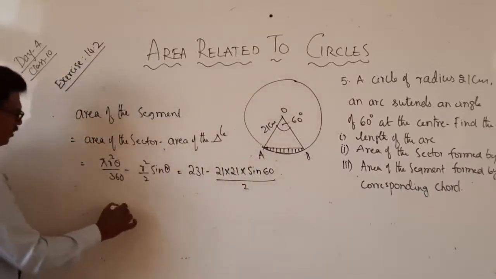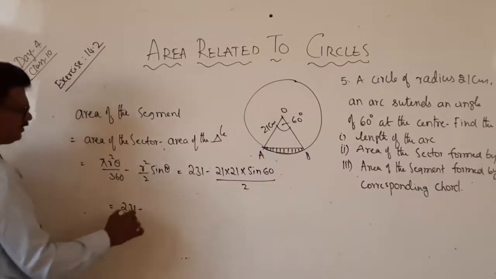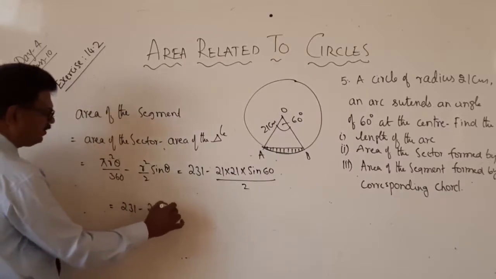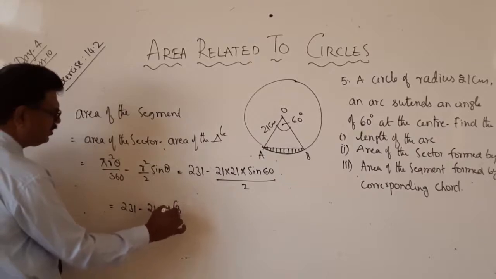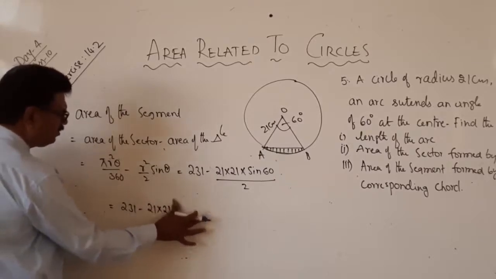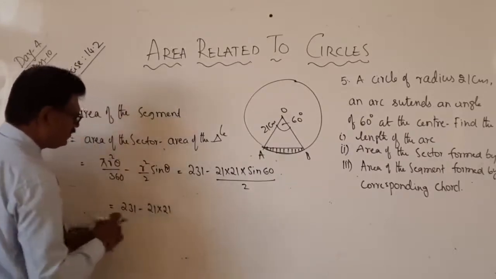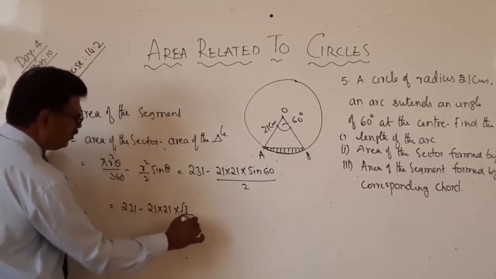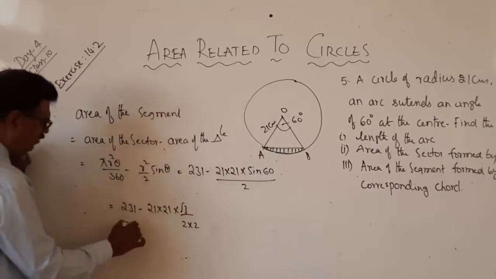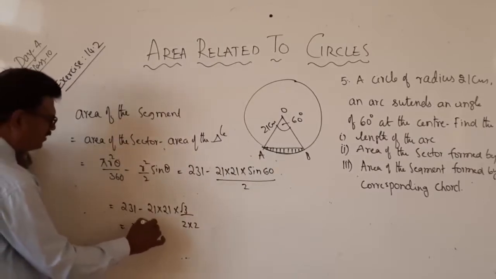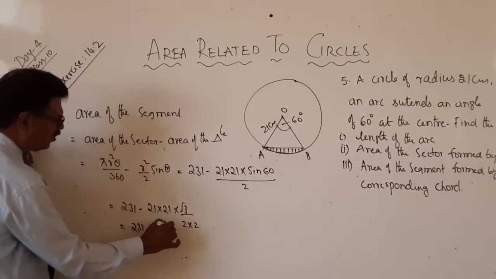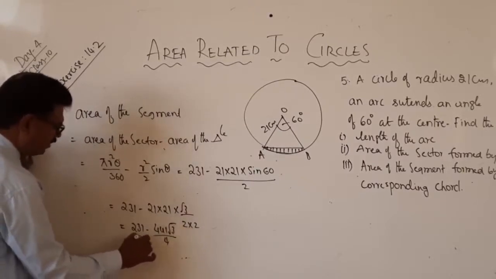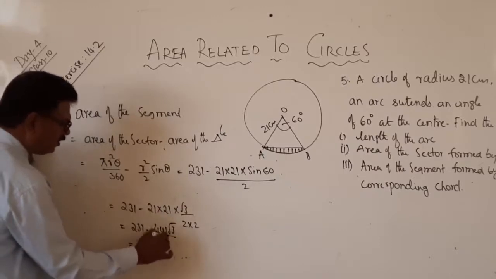Again it is equal to 231 minus 21 into 21 sin 60, root 3 by 2, into 2. Okay? It is nothing but 231 minus 441 root 3 divided by 4. So it is nothing but 231 minus 4.